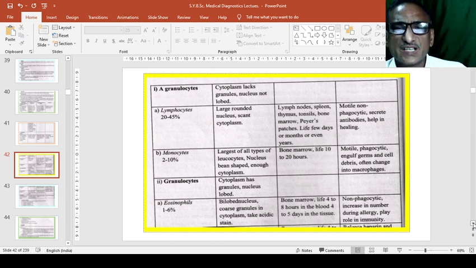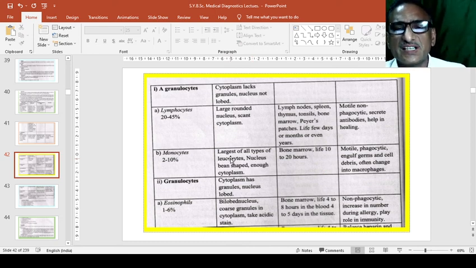Then the agranulocytes: lymphocytes are large, rounded, and motile, formed in lymph nodes, and are non-phagocytic in nature, whereas monocytes are phagocytic in nature, formed in bone marrow, and are the largest cell types.